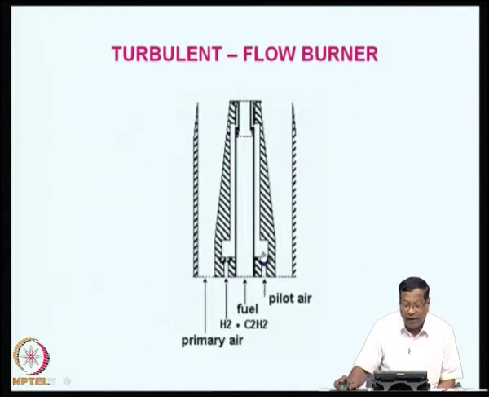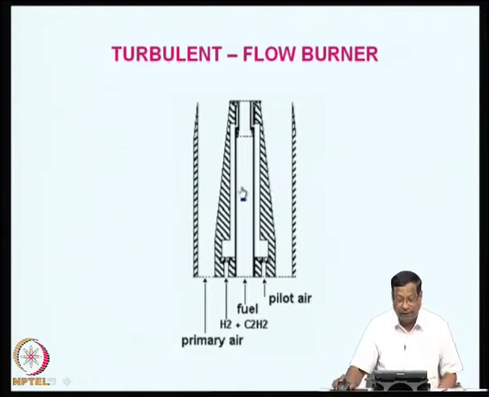If we are using air as an oxidizer, we are going to mix all of this material, and the edge is made of titanium here as well as outside. So, this is a typical turbulent flow burner.